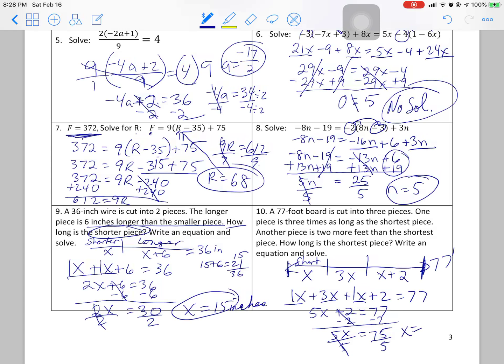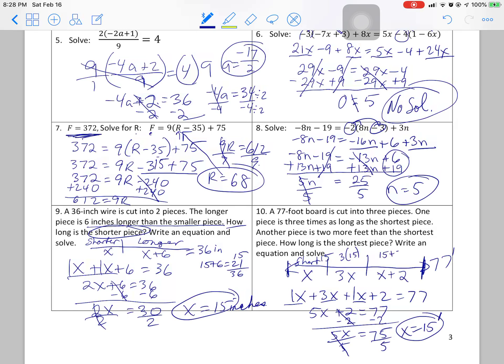15. All right, did it ask? It says, how long is the shortest piece? That is the x, so the shortest piece is 15 feet in this case. If they ask what the rest of them are, you can take a minute. If this is 15, this is 3 times 15.